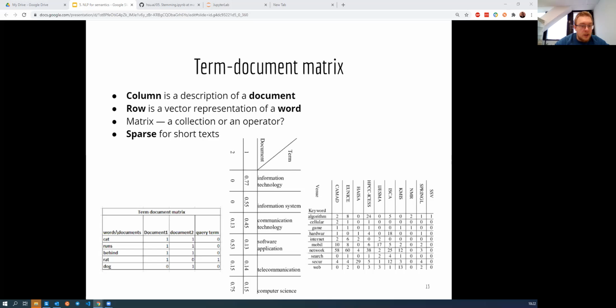And the second thing is, this is an operator. Any matrix is an operator. Operator means what? If you put the matrix to the left and the vector to the right and you multiply them, you will obtain a vector. So in our case, if you imagine the vector of the length of the number of documents and put 1 in the position of the particular document, this is what is called one-hot encoding. So you put the 1 in the position of some document, and you multiply this term-document matrix by the document, you will obtain what?